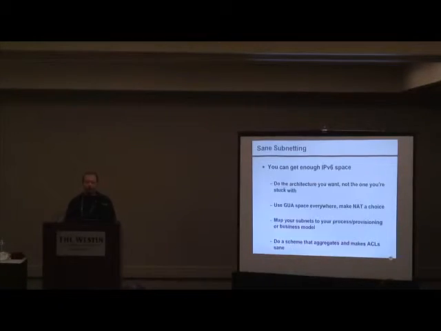So, subnetting. One of the really important things that we have gotten used to, or unfortunate things really, in v4 is that we have gotten address space in dribs and drabs and little chunks as we've been able to get them. And when we try to do a subnetting scheme that maps to how our business is arranged, by topology, by department, by security zone, whatever, we don't have enough address space to have our subnetting plan match how we would delegate.